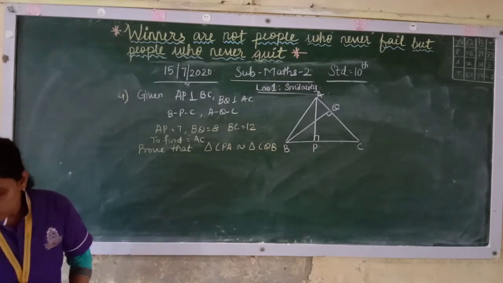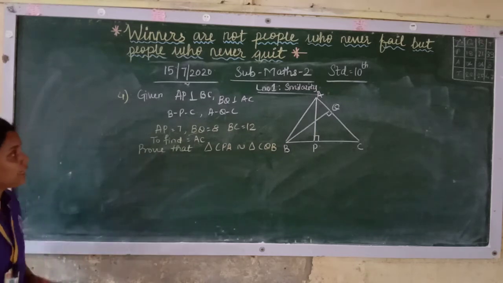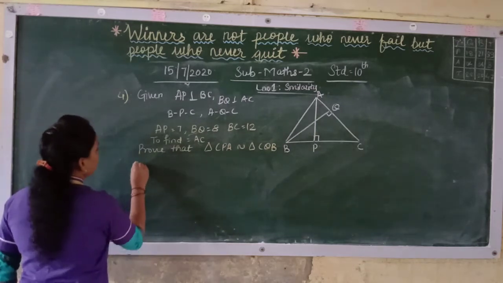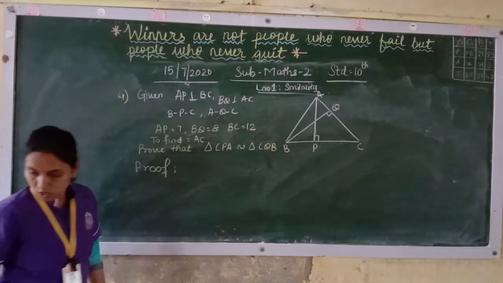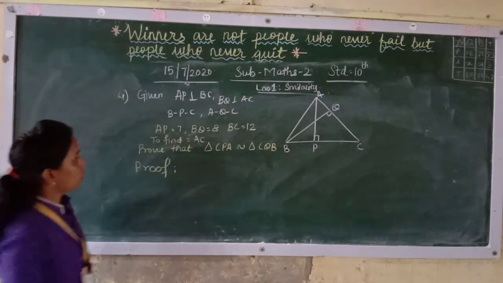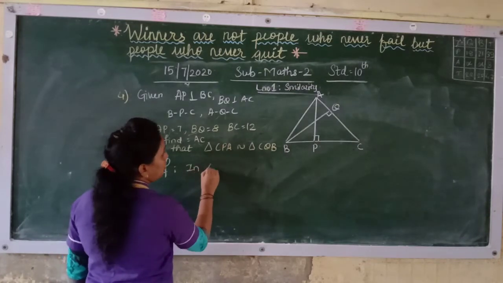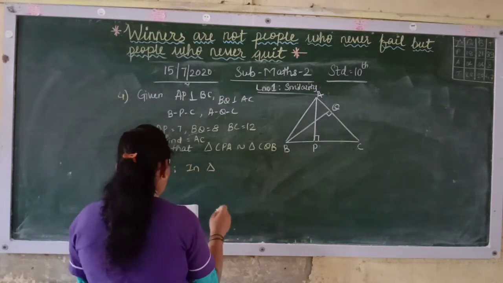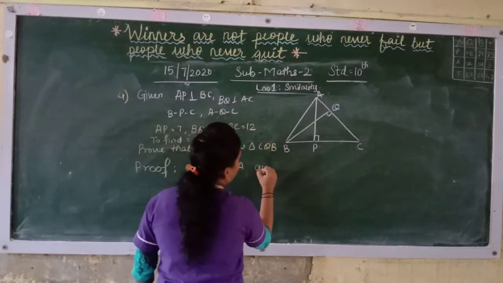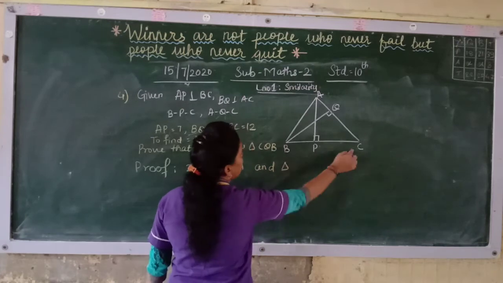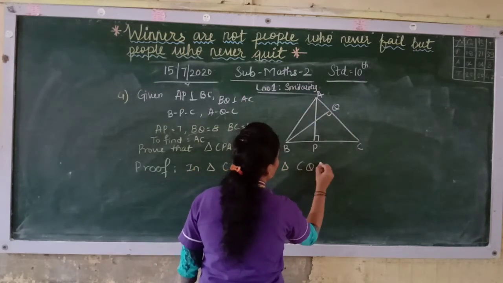Then you will start writing. Now you will take the proof: in triangle CPA and triangle CQB.